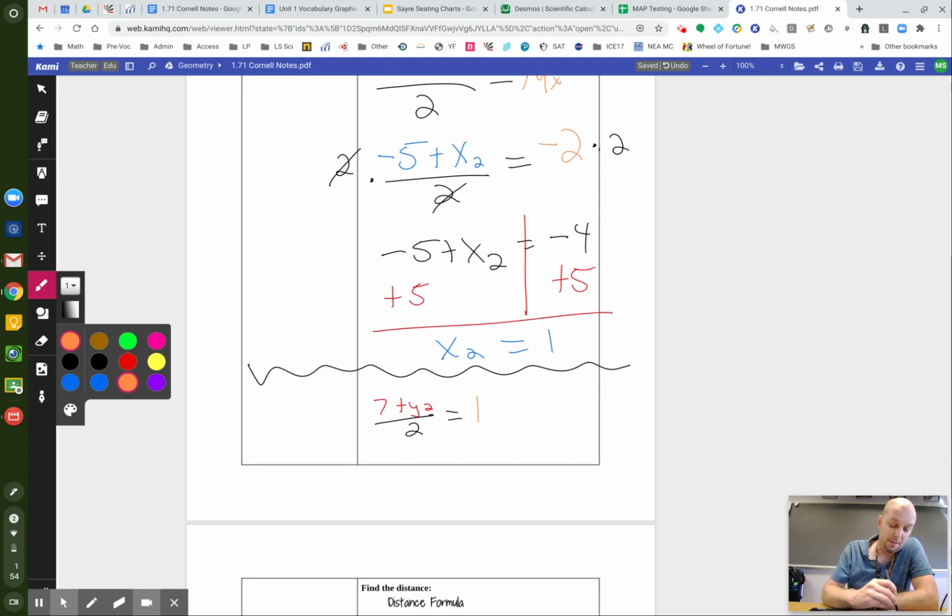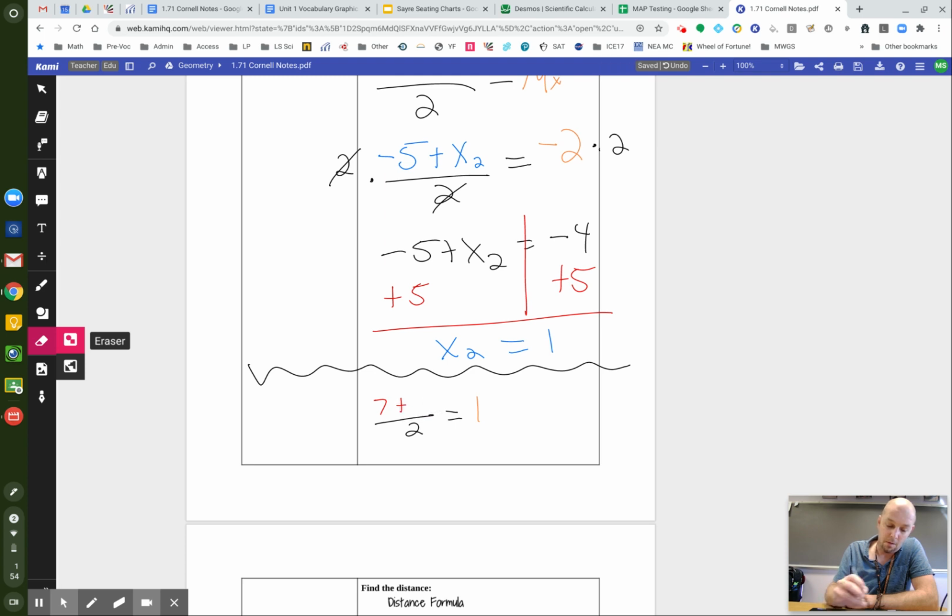I did the same exact thing here as I did up here, plugging in what I knew and trying to find what I don't know. Although I will admit I drew this part horribly. Let's try that again.